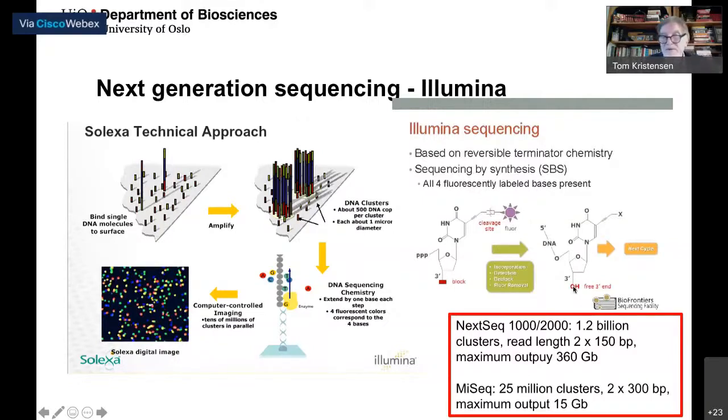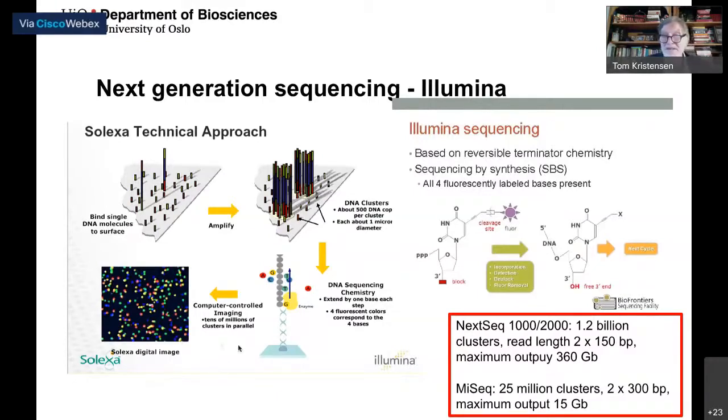So the polymerase reaction can continue, and we can add the next nucleotide, which again can be identified by looking at the digital image of the substrate. For each step, we will get a different pattern of colored dots, and the pattern will tell us what happens in each of these dots. In this way, you can sequence millions of DNA fragments at the same time.